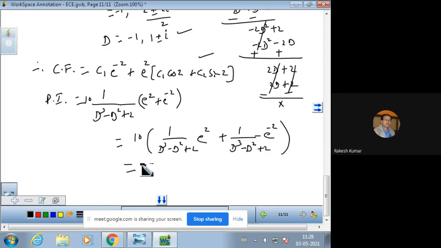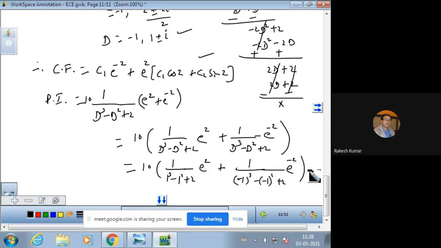The procedure is you need to put the coefficient of z in place of D. So when you put the coefficient of z, that is 1, in place of D, 1 cube minus 1 square plus 2 into e raised to power z, plus substitute the coefficient, that is minus 1. So minus 1 cube minus 1 square plus 2 into e power minus z.